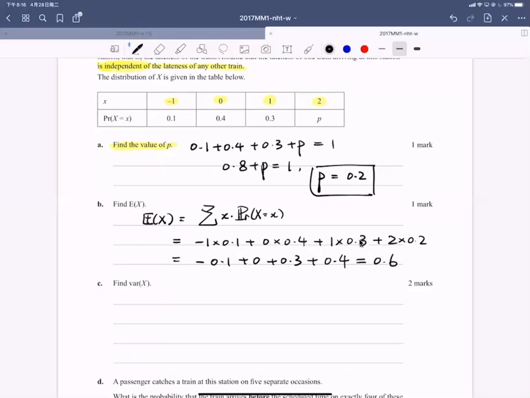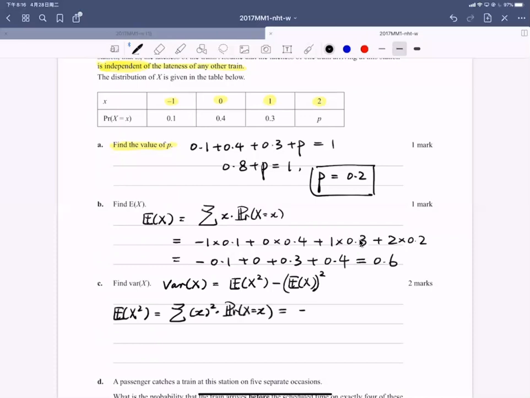Find variance of x. So variance of x has a nice little handy formula: expected value of x squared minus expected value of x itself squared. Okay? I want to get the value of E of x squared first. So E of x squared means we are summing up all x squared with its probability.